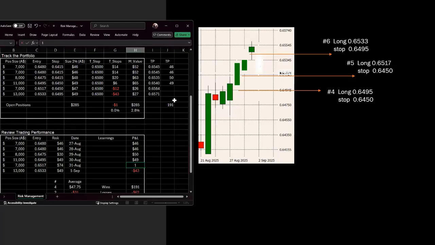And so this trader would end up losing $12 because that trade would hit the stop loss and he'll have a $12 loss on that. Okay, and the last trade was 13, entered at 6,533. And again, that one also hit a loss. So that went into a minus 43.